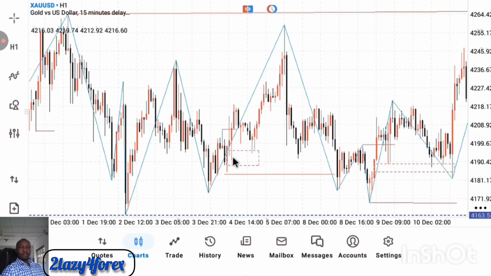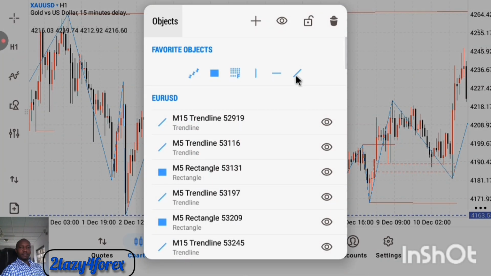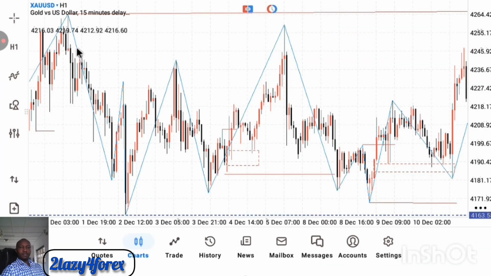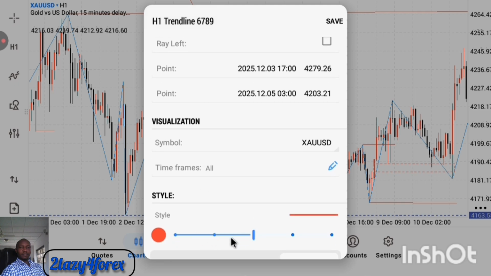So this was our first entry, but for the fact that we were still inside this leg. This is our pullback. Let me increase the thickness of that so that you can see what I'm saying.